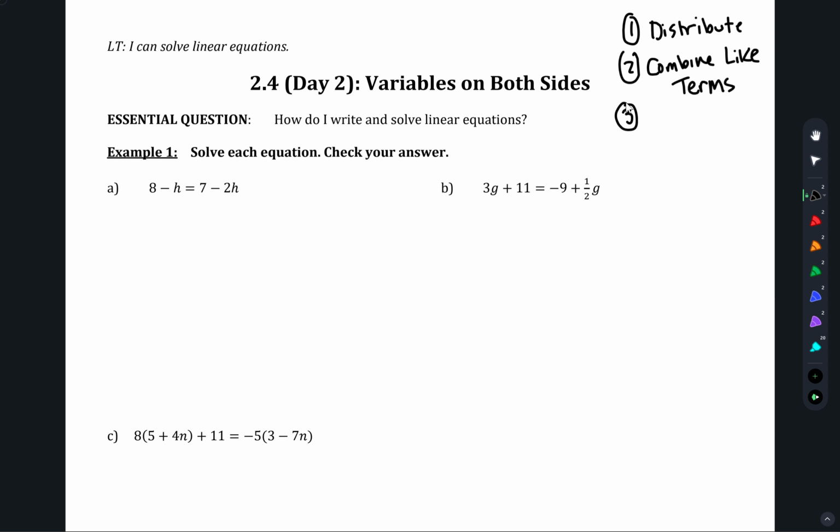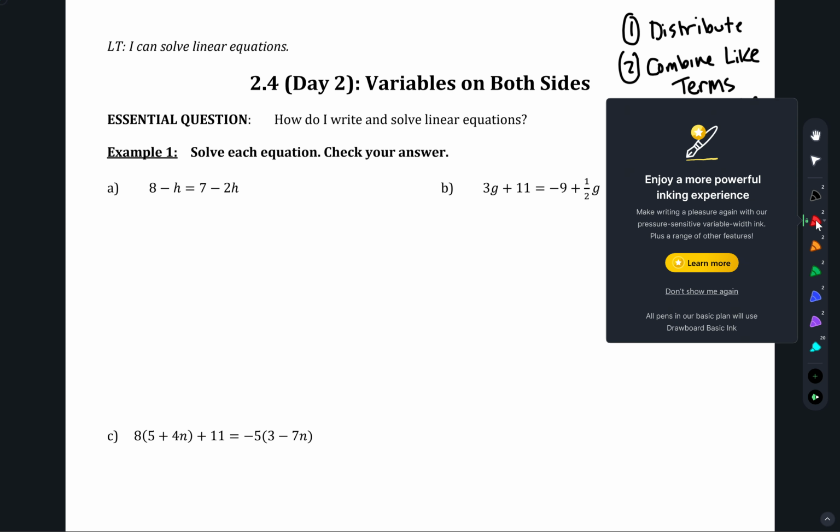Number 3, we move the variables to one side. And then number 4, we isolate x using backwards GEMDAS. Same process that we've been doing for the last few days, right? I haven't changed anything here.